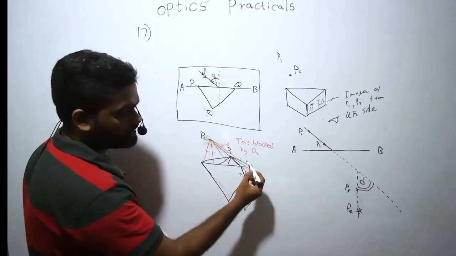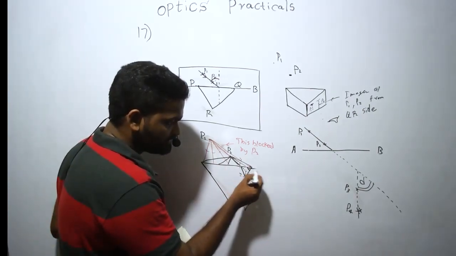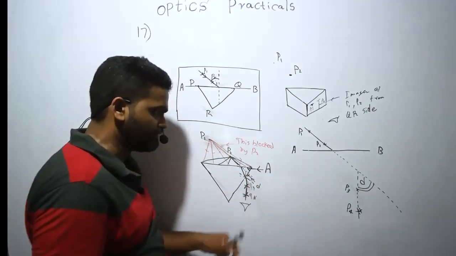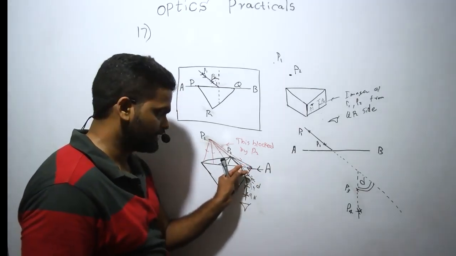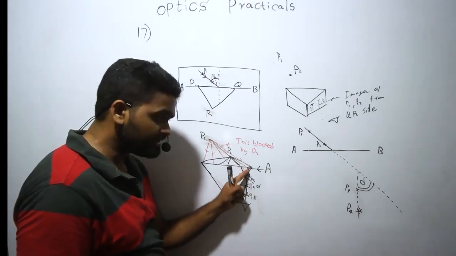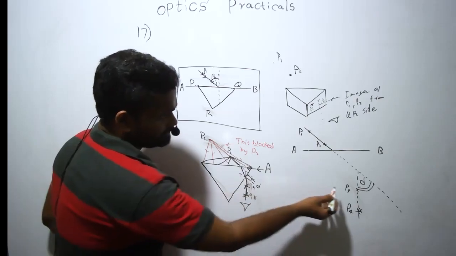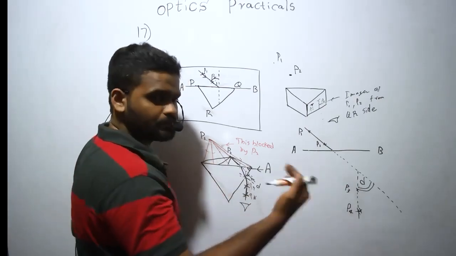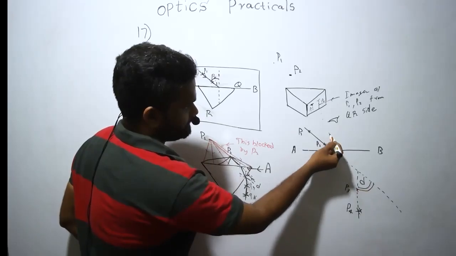Simple d. Then the prism angle is here, right? Do you understand? Everything is happening at this vertex. So the prism angle is here, and this is the angle of deviation. Using a protractor, you can measure the angle of deviation.